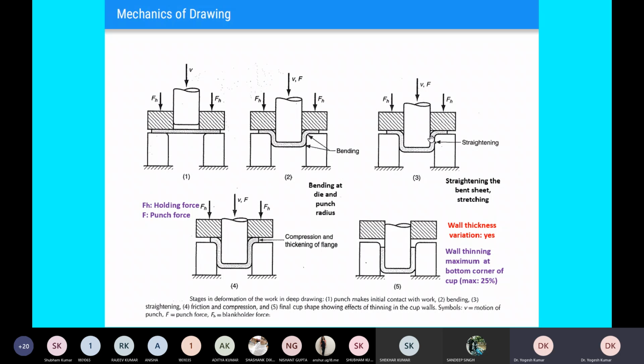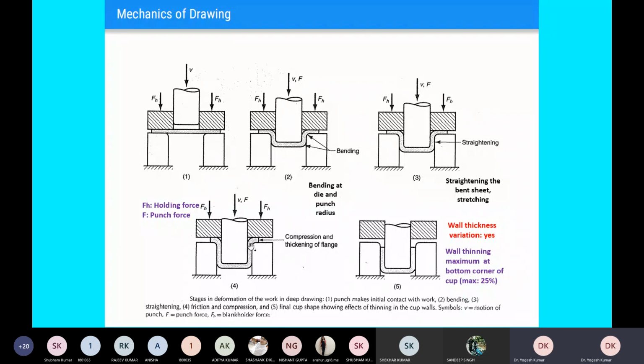Okay, and if we keep moving the punch further, then in figure 4 we can see there is thickening of the flanges here.